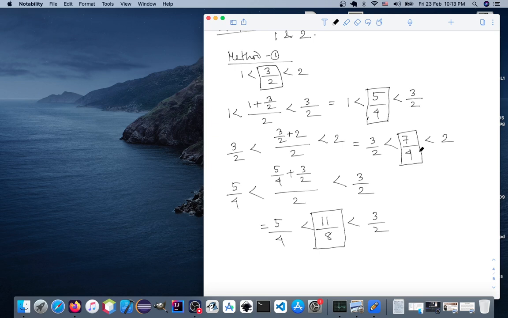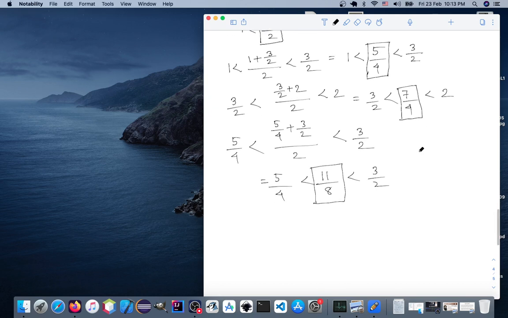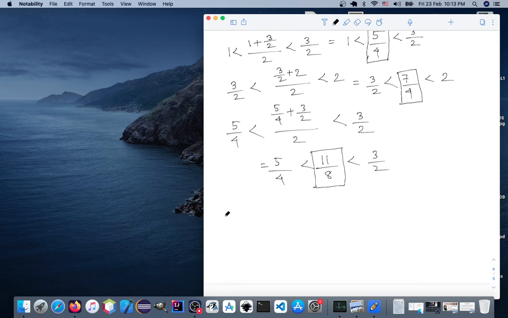So we need another rational number. Let's consider a rational number between 1 and 5 by 4. So 1 should be less than (1 plus 5 by 4) by 2, which is less than 5 by 4.